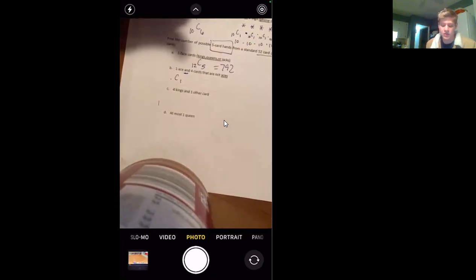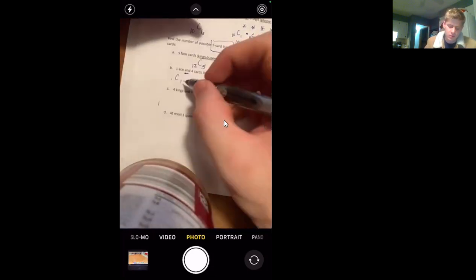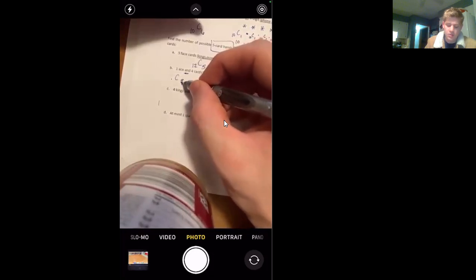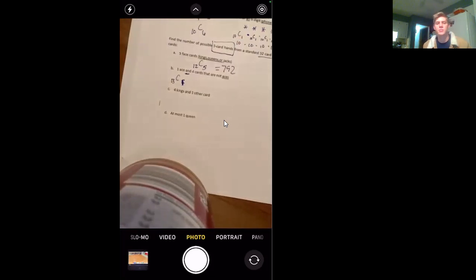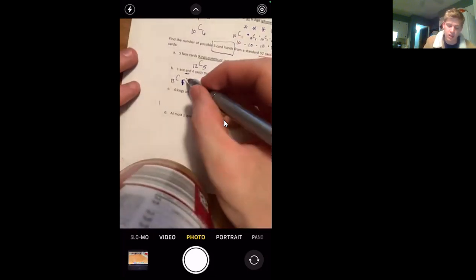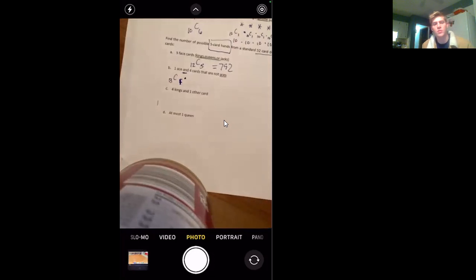Or not 52 cards, sorry. I'm interpreting that wrong. We have 4 out of 52 cards, but we're only going to select 1. So 4 out of 52 cards means we have 4 options to choose from, or 1 option to choose from, 13 different types of cards. Sorry, it's late right now. My head is kind of going all over the place.